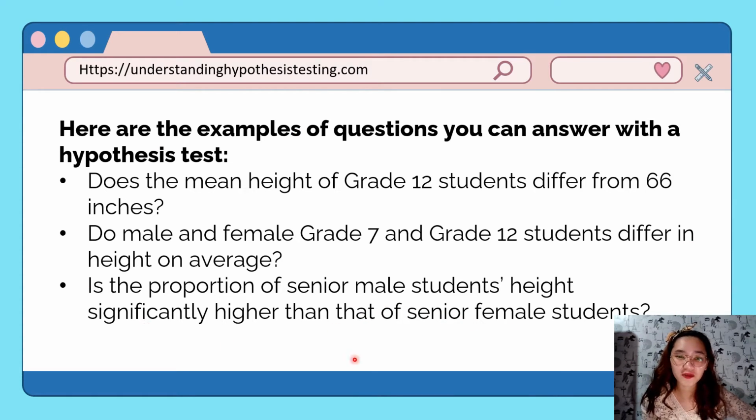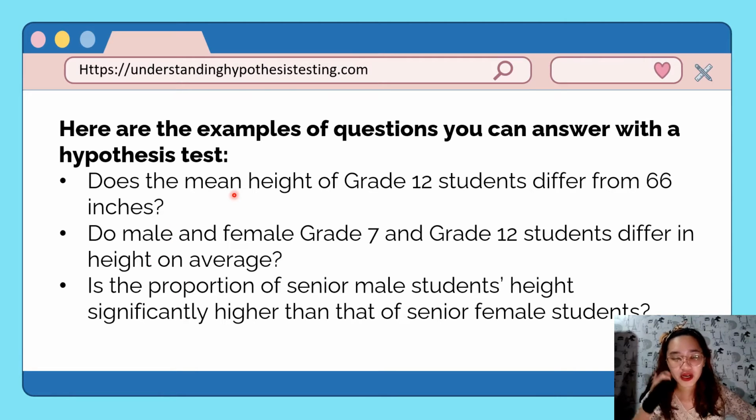So, itong mga questions na to, we can have a sound conclusion or decision using a hypothesis testing. So, sabi nga natin kanina, itong mga hypothesis natin na ito ay mga claims about our population. At syempre, kapag sinabi nating population, yung mga data natin is what we call our parameters. So, tingnan natin kung ano ba yung mga parameter dito sa bawat questions na ito.